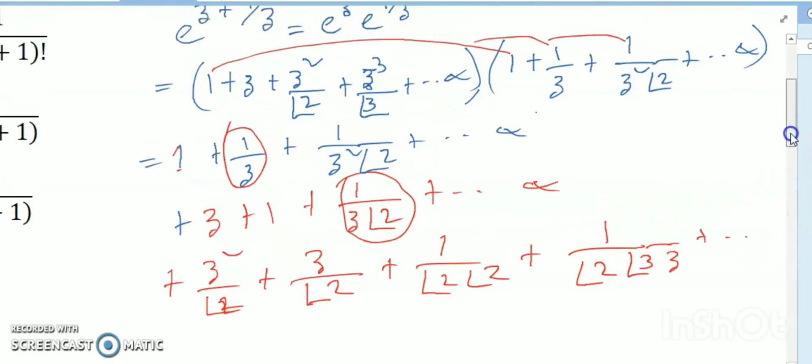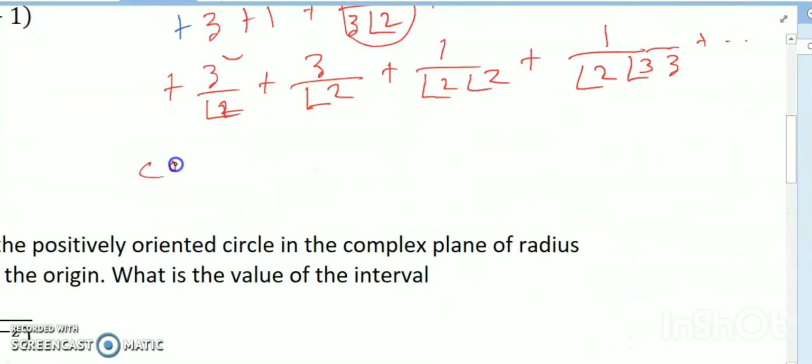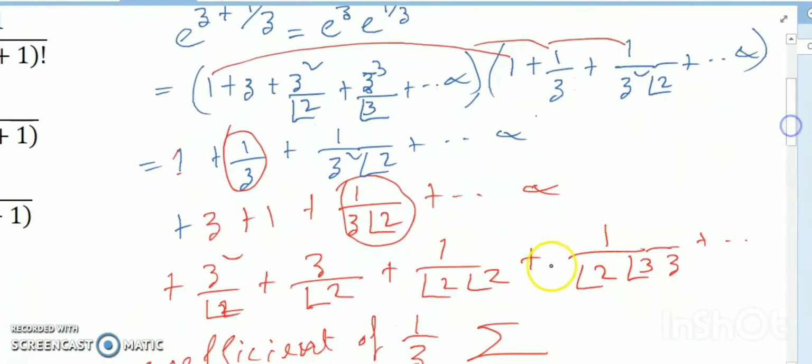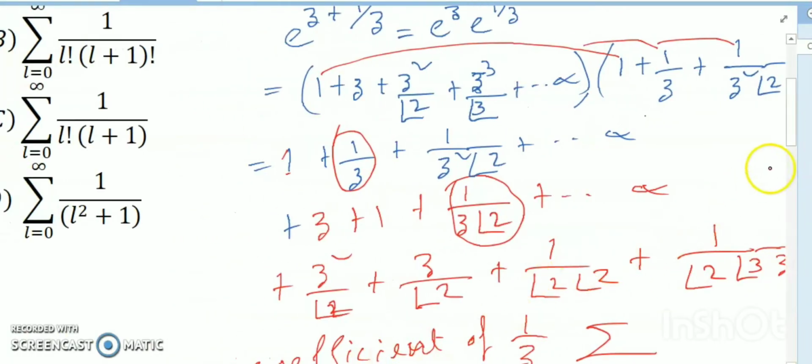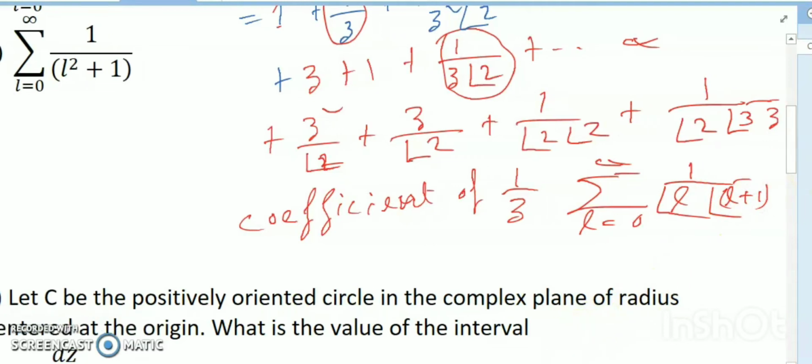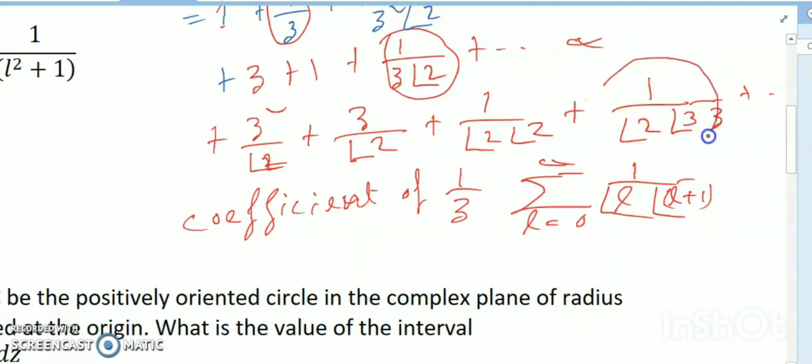So what we get, we see that the coefficient of 1 by z is equal to summation L equals 0 to infinity of 1 by L factorial into L plus 1 factorial, because friends you see that it is 2 factorial and 3 factorial multiplied. So L and L plus 1, you already see.